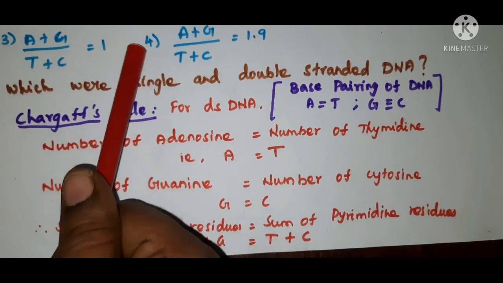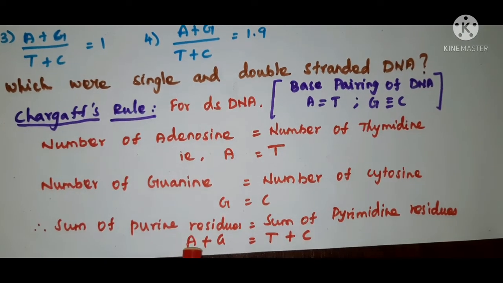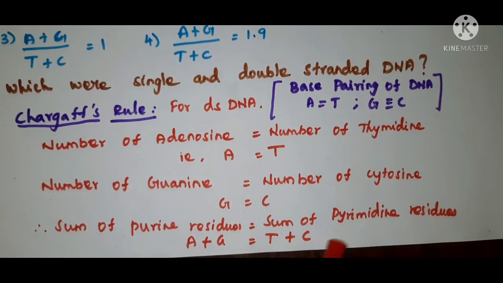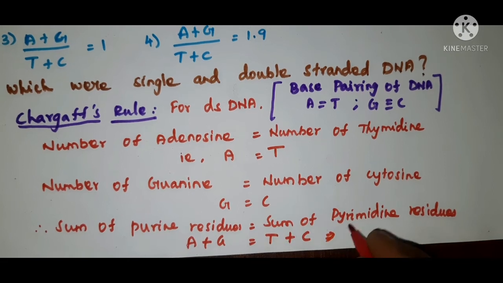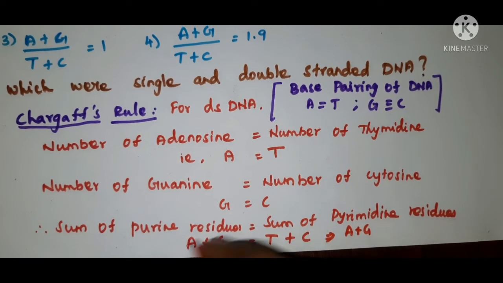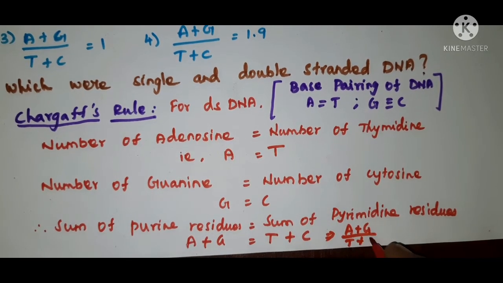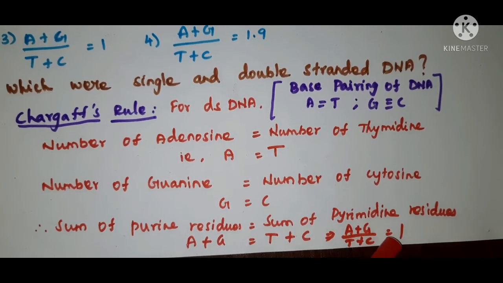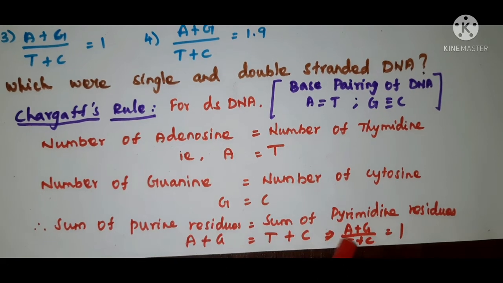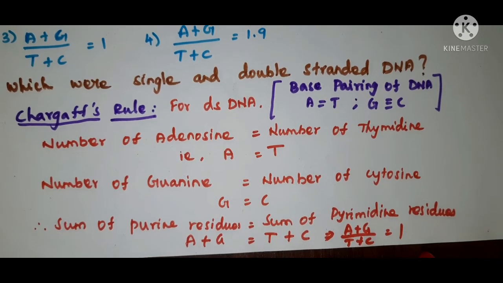The third option they have given in ratio, that is A plus G divided by T plus C is equal to 1. See here the rule, A plus G is equal to T plus C. So A plus G divided by T plus C is equal to 1 for double stranded DNA. For single stranded DNA, A plus G divided by T plus C is not equal to 1.